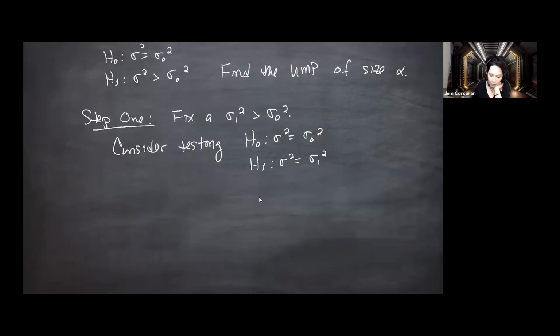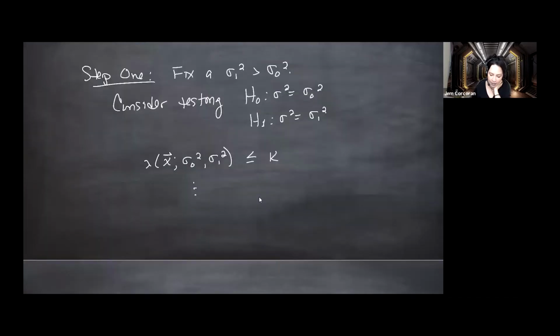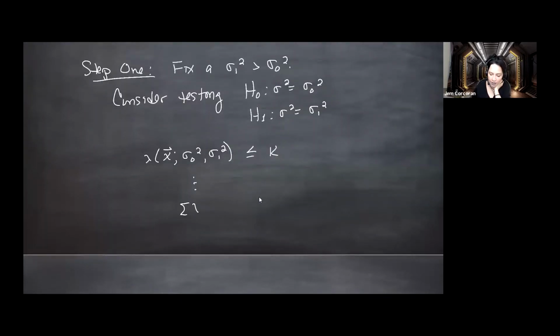If you write down this ratio of PDFs with sigma naught squared and sigma 1 squared, and note that the mean is 0 in this case, and set this less than or equal to k, you will solve down for the x's and isolate the sum of the x's squared, and the inequality will end up flipping. So this will be greater than or equal to some other constant, I'll just call it k1.